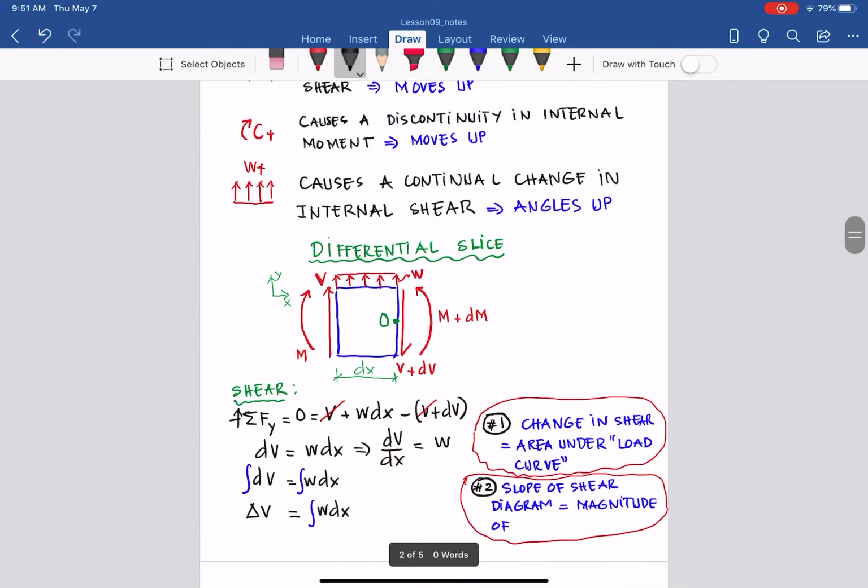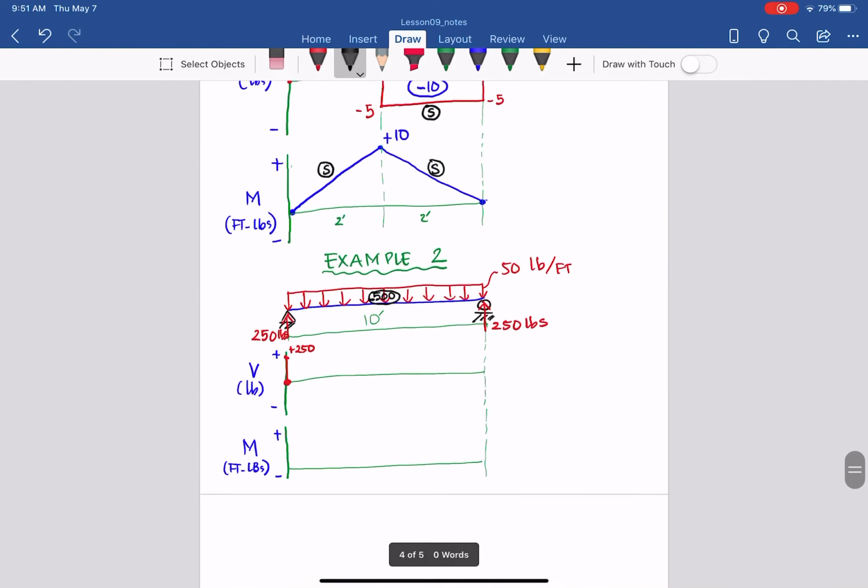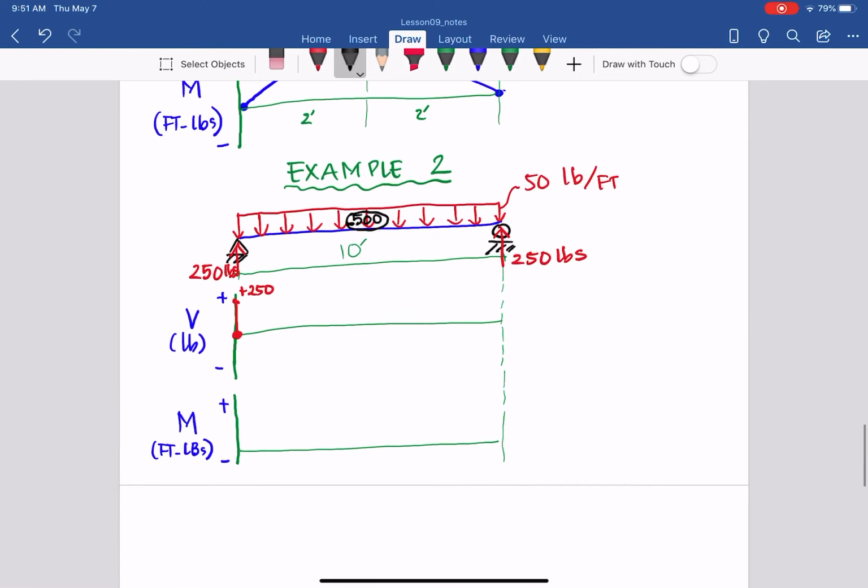And in this case the load is going down, so angled down. So that is the slope from plus 250 with a change of negative 500, becoming negative 250 at the right side, because the change from left to right equals 500.